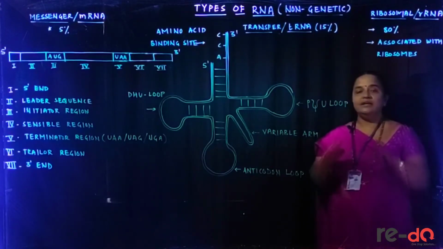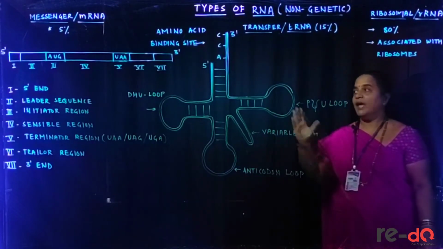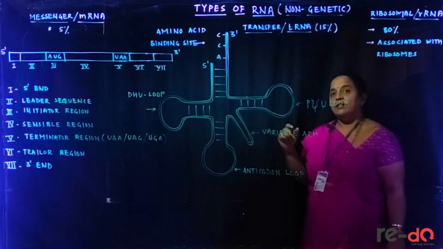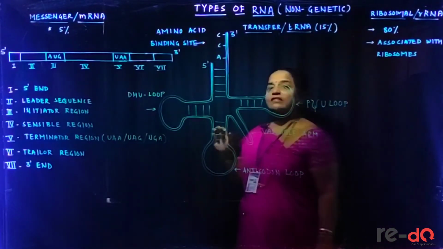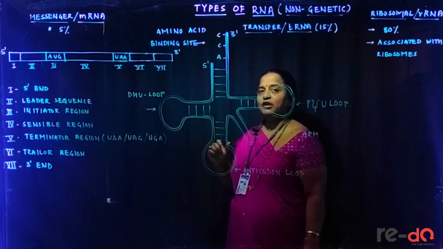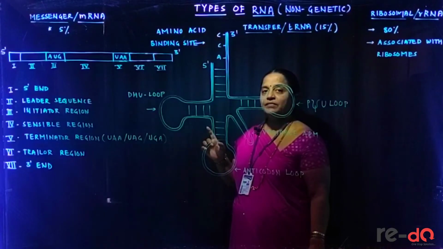Messenger RNA is a straight, single-stranded molecule having polarity from 5' to 3'. There are a total of 7 regions I have shown on this messenger RNA molecule. It is prokaryotic messenger RNA.